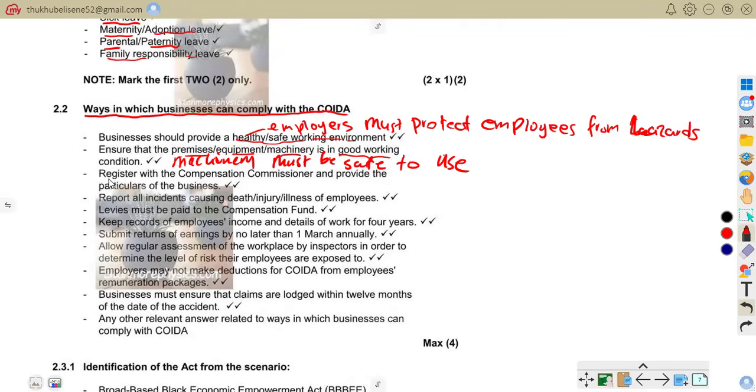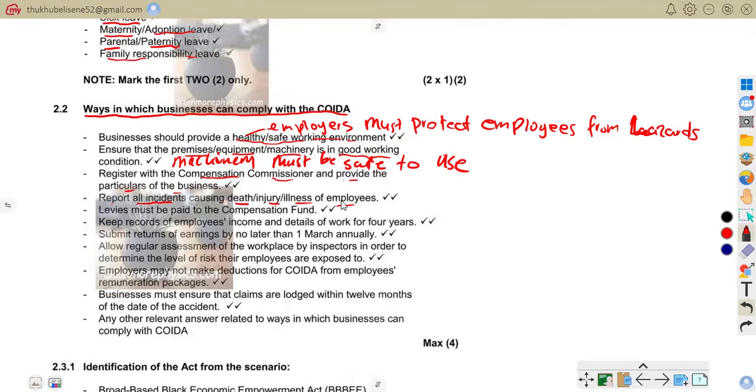Now it further says, register with the compensation commissioner and provide the particulars of the business. What it means is that business must be registered for employee injury claims. Report all incidents causing death or injury or illness of employees. So here you are to report workplace injuries or illness.